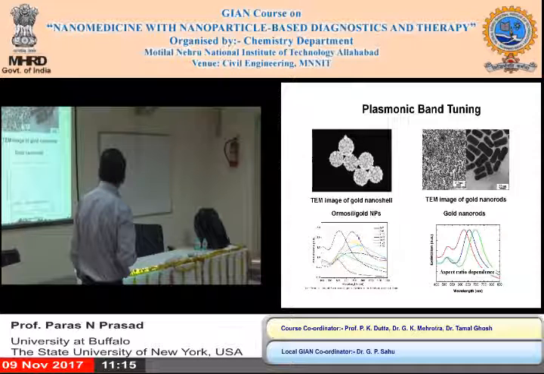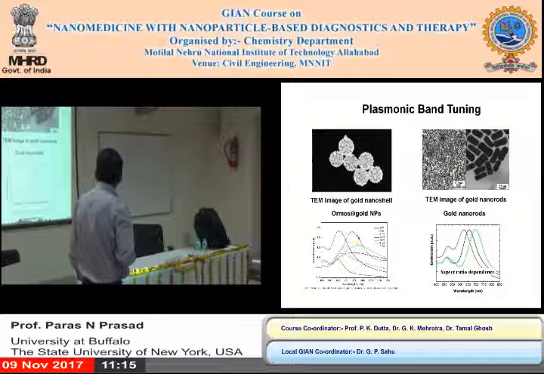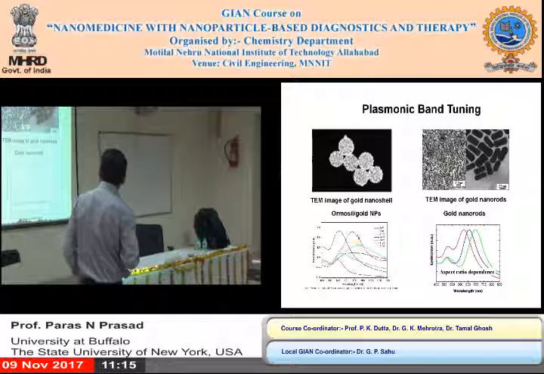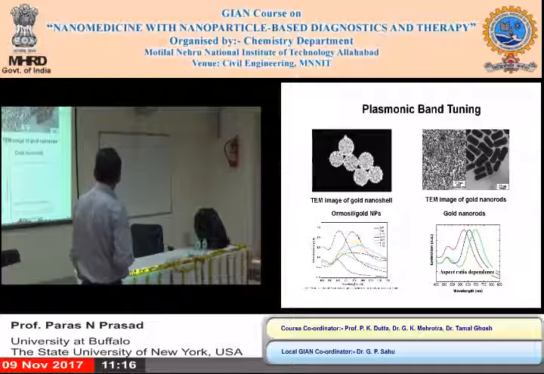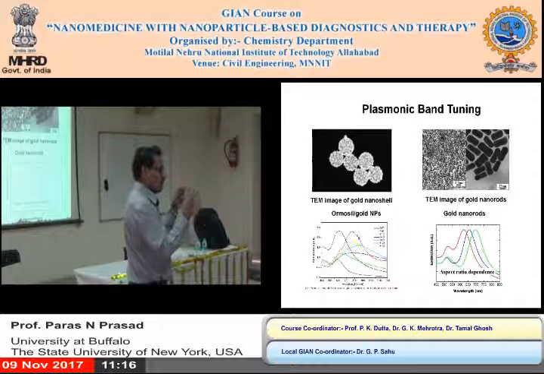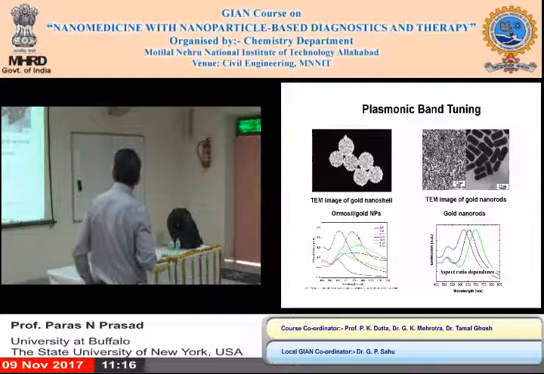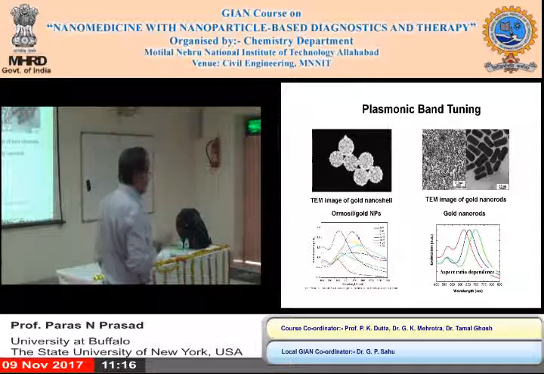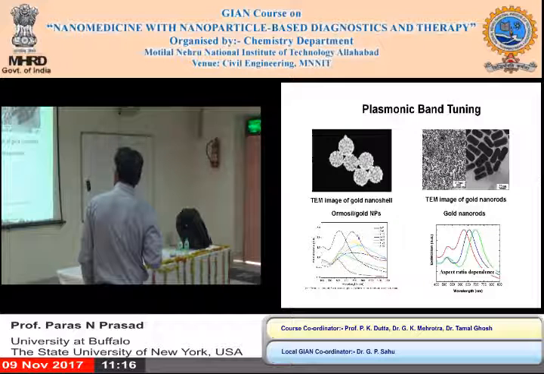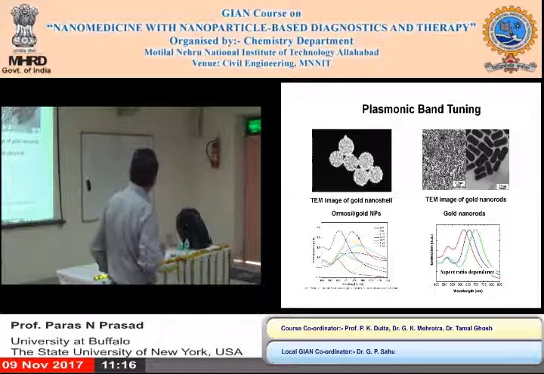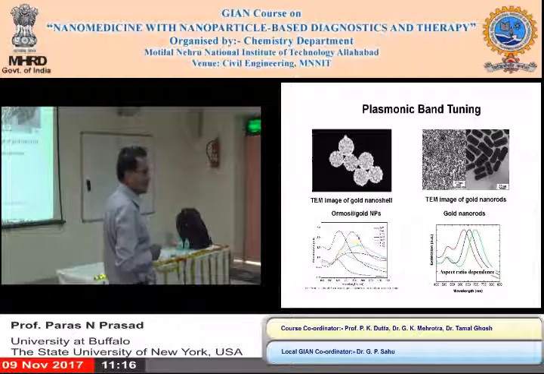That's called the transverse surface plasmon resonance. That doesn't change even if you change the size of these nanorods. Basically it stays around green. But the longitudinal surface plasmon resonance shifts as you change the axial ratio, meaning the ratio of length to width. You can tune it. So the tuning of this plasmon resonance to suit your purpose can be done either by using core shell or by using this kind of anisotropic structure. So there's a lot of interest now in making metallic anisotropic structures. Okay?